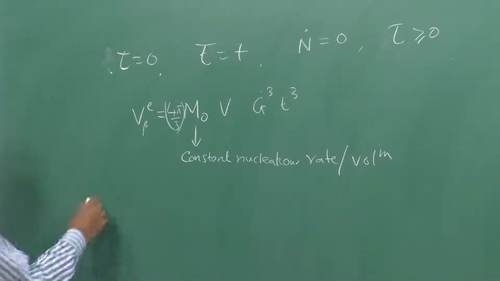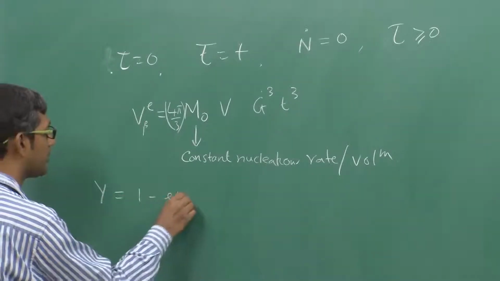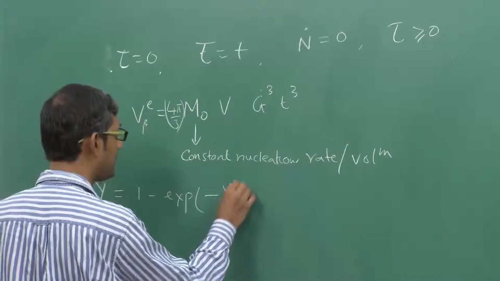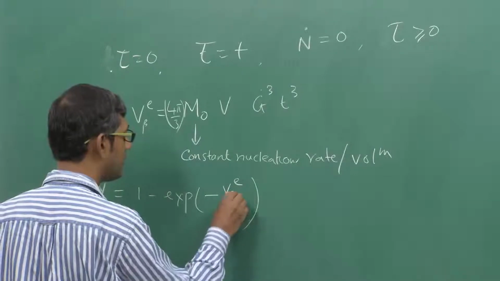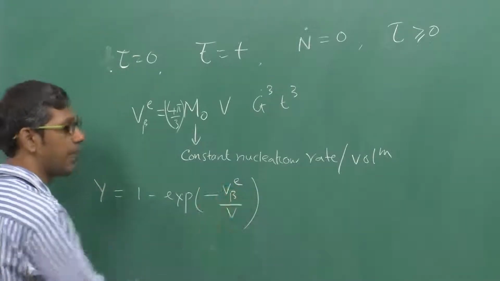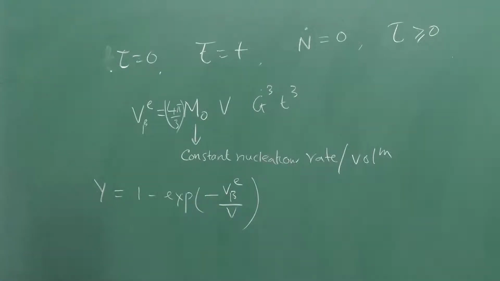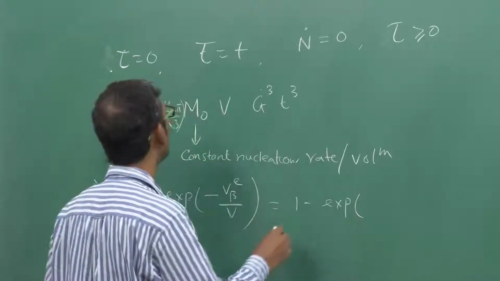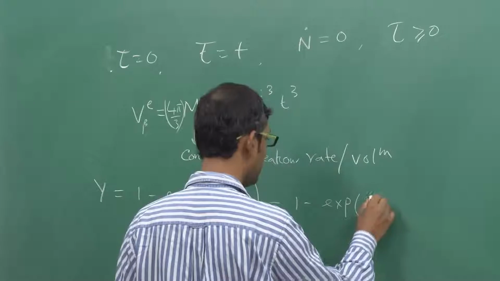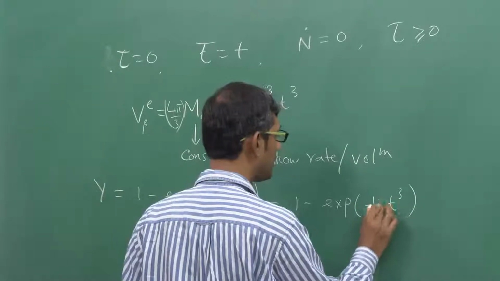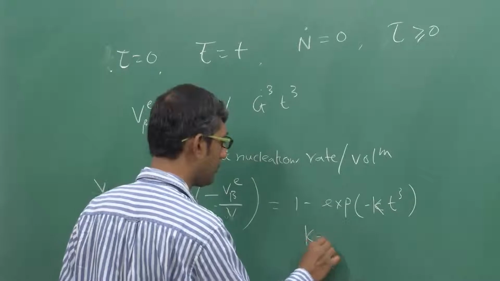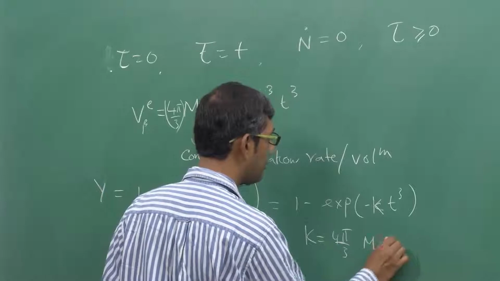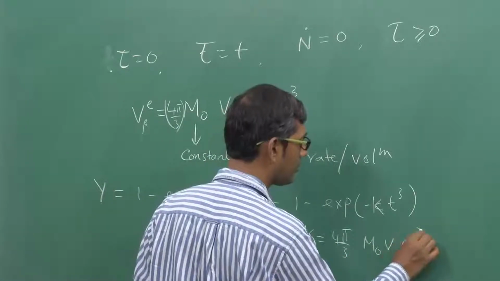Now, y is obviously equal to 1 minus exponential b e by b, where these are the 2 different volumes, one is the apparent volume, another one is the actual volume, and that is equal to 1 minus exponential minus k t to the power q, and here k is equal to 4/3 pi by 3 m0 v G dot q.